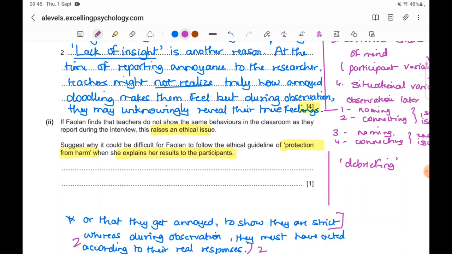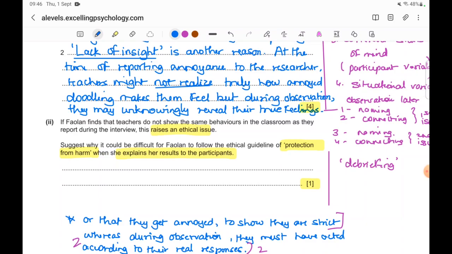It makes the participant feel like a person who cannot stand up for what he really is, and that might get converted into anger towards the researcher, out of the frustration that the researcher has tricked or cheated him in some way, and had he known, he would not have allowed the researcher to observe him. You can talk about that also, but since it's just a 1-mark question, we should keep it as simple as we can.